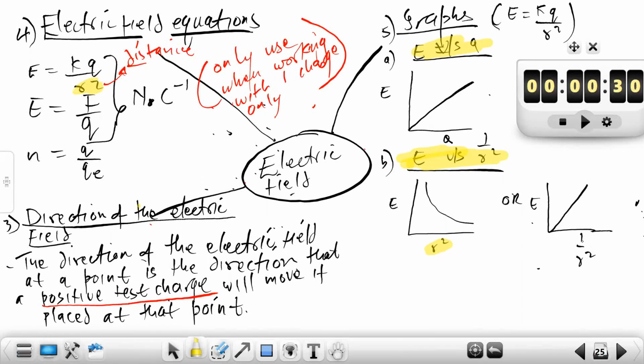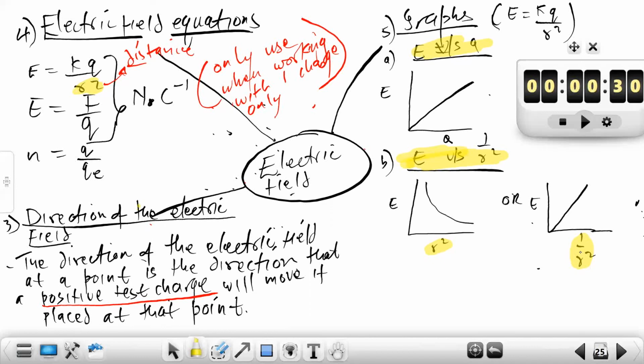So kindly check here that we are drawing now for 1 over r squared. So it basically says we are taking now the inverse of r squared. So basically we are making it directly proportional if we take the inverse of r squared.